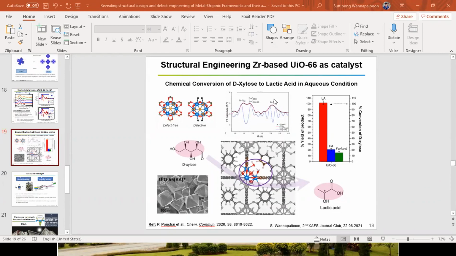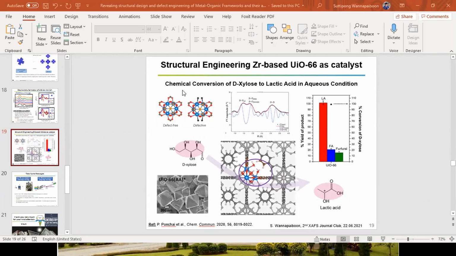From the signal we get from the XAFS analysis, we can get the combination between the percentage of defect-free and defective nodes inside the material. From that point, the one which shows high catalytic performance has more components of the defective part compared with the other case.